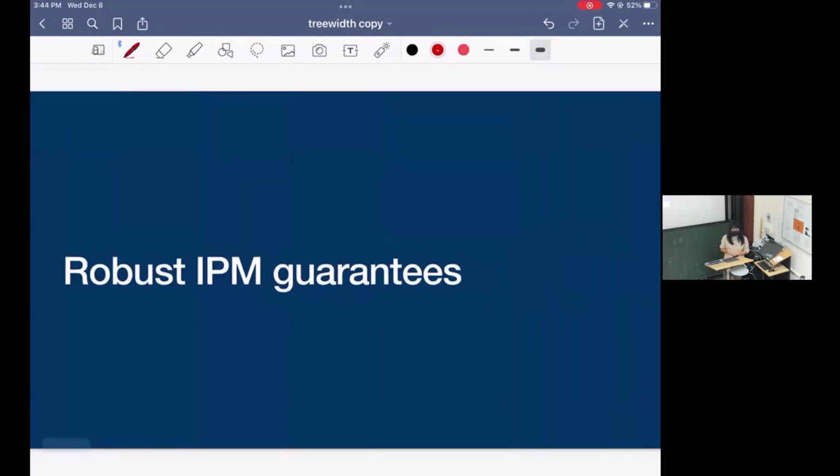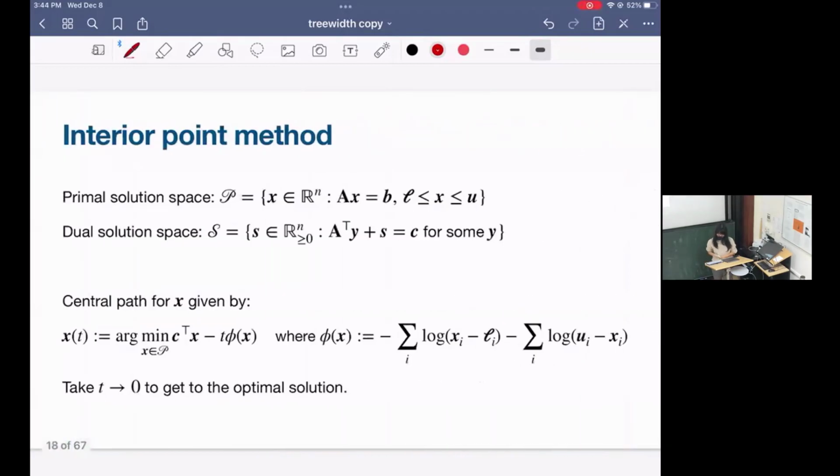Okay, so since this is an IPM algorithm, we can just begin with a brief overview of what IPM gives us. Just as a super quick overview, I think a lot of you have already seen some of this from another talk of mine. So the interior point method, basically what we're doing is we're walking inside the polytope slowly until we get to the optimal vertex.